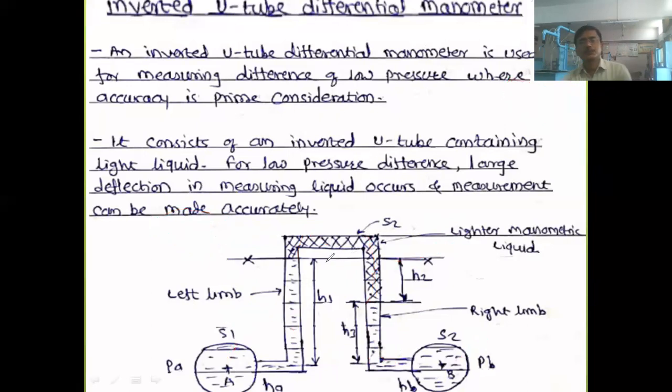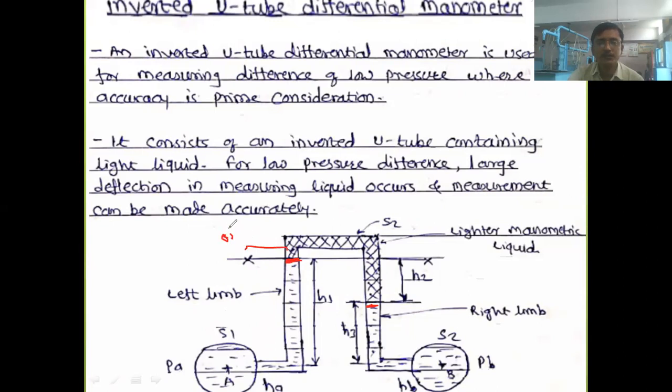The main purpose of inventing this inverted tube manometer was to get a more accurate reading for smaller variations of pressure, right? If there is even a small fluctuation in pressure, we should be able to observe the variation and see it in the reading. That was the main intention. If we use mercury, you will not get much reading variation because it is heavier and less sensitive to small pressure differences.